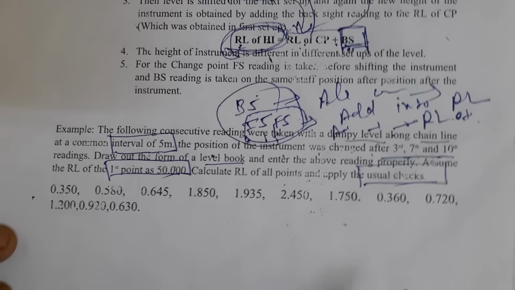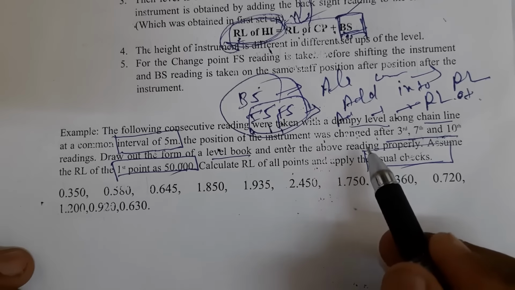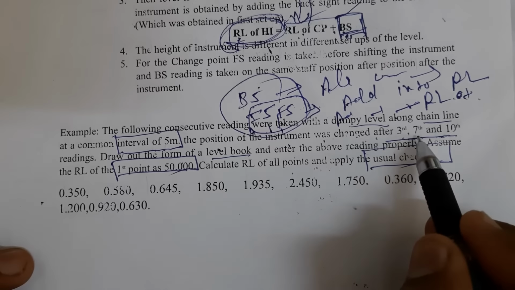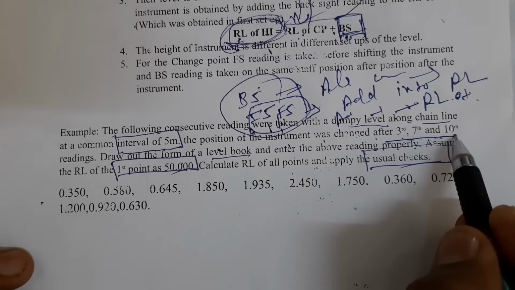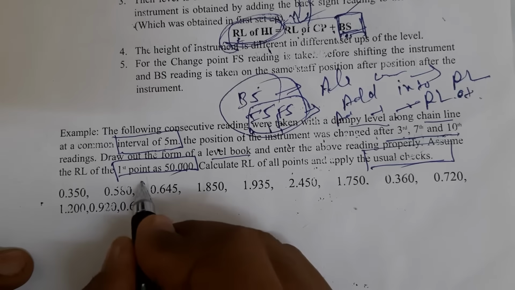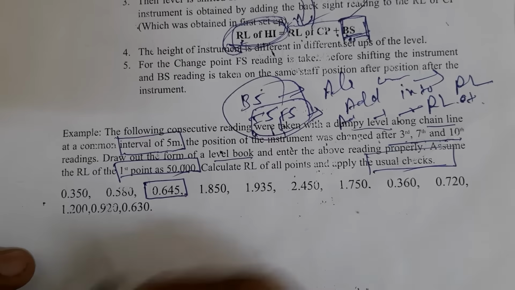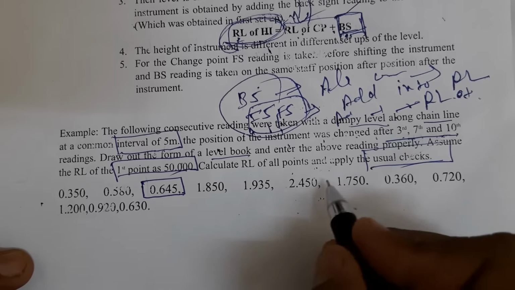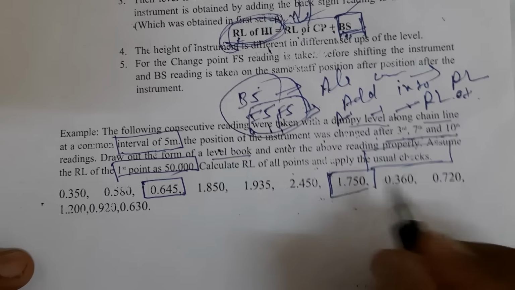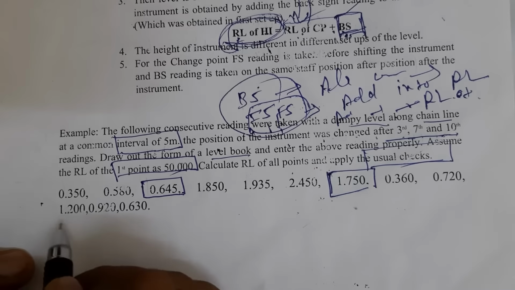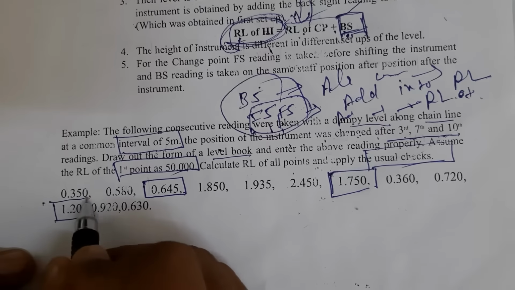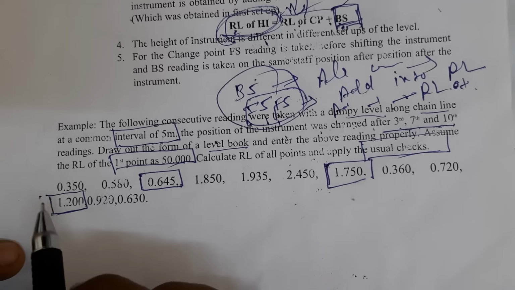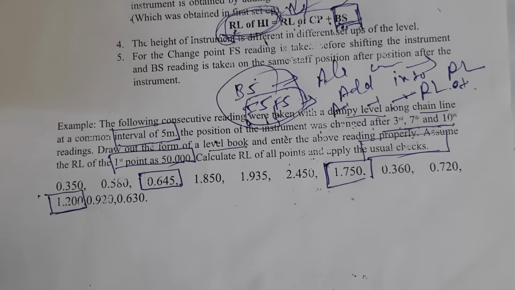Now, in this example, the instrument was changed after the 3rd, 7th and 10th reading. So the 3rd reading is 0.645, the 7th reading is 1.750 and the 10th reading is 1.200. Okay, so the station is changed at the 3rd, 7th and 10th reading.